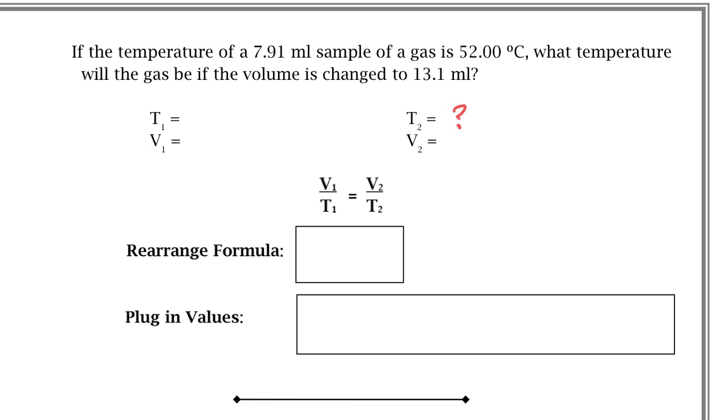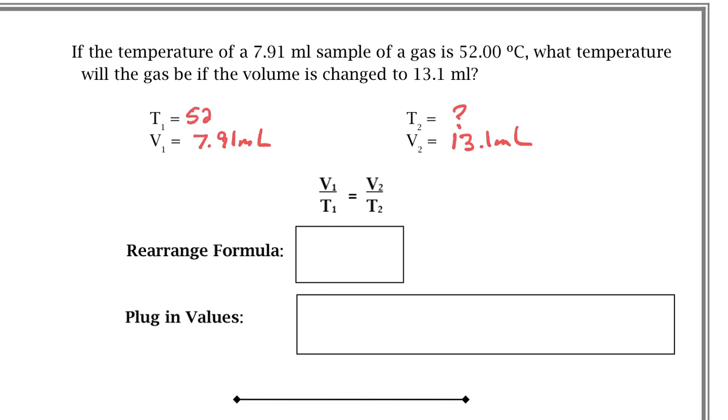What is the volume that goes with T2? 13.1 milliliters. So that leaves me T1 and V1. Well, which one has a volume unit? Yeah, mL. So this has got to be 7.91 mL.